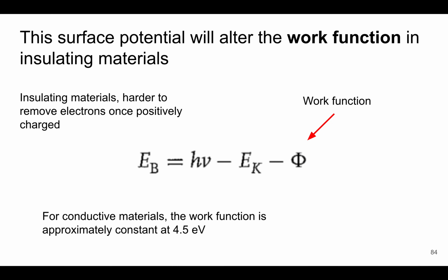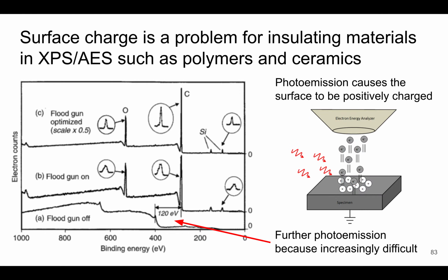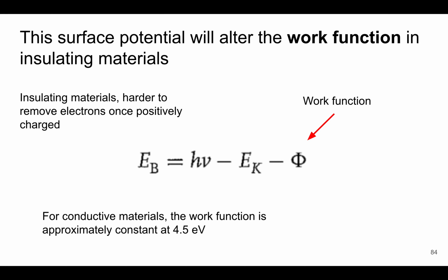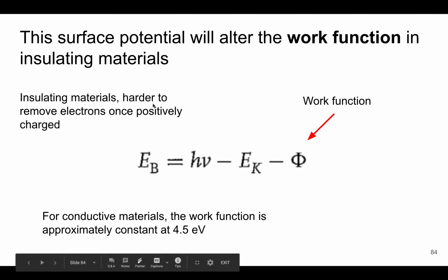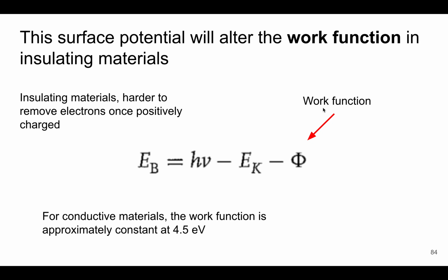And so the surface potential, the charge of the surface, is affecting the work function that we talked about before, right? I mentioned this equation for calculating the binding energy, and we saw this is the wavelength of the X-ray, this is the kinetic energy of the electron, and then this was a function of the surface and the spectrometer.